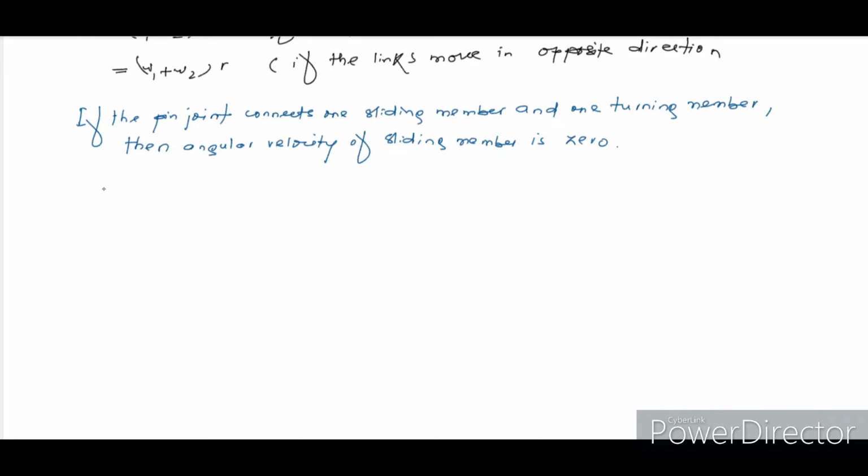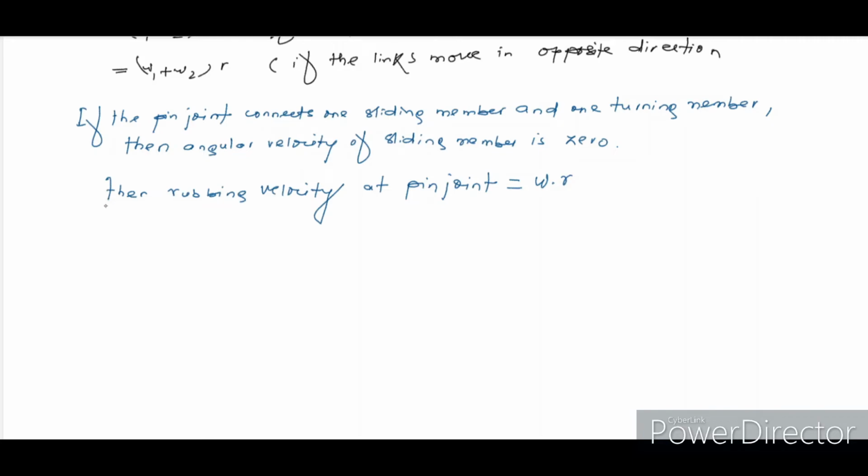So then your rubbing velocity at pin joint will be only omega into r, omega of the turning member and the radius of the pin joint.